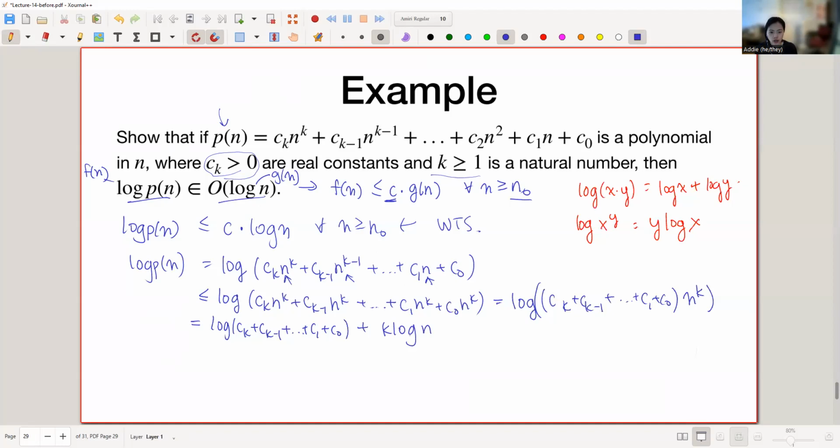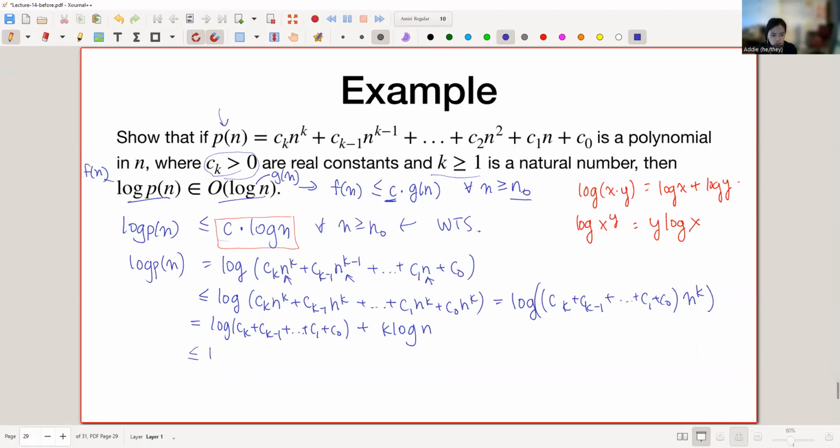Now we want our answer to be in the form c times log n. We're almost there. We have k times log n, which is great, but then we have this plus constant on the side, which is not as great. So how can we maneuver this to make it all just one constant times log n? Well, we can multiply this side by log n.